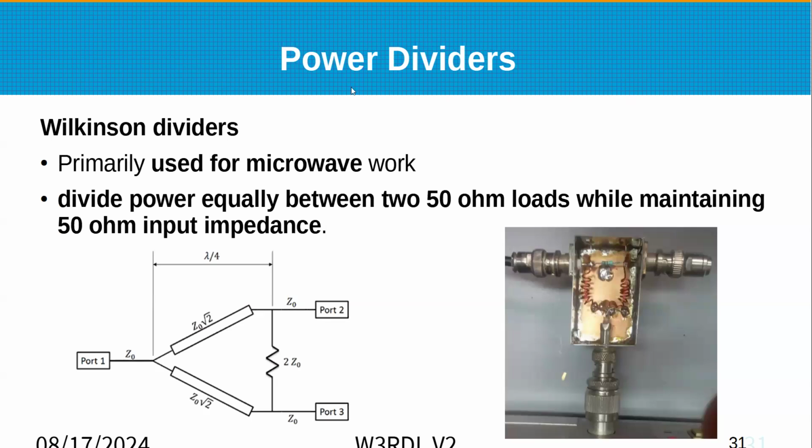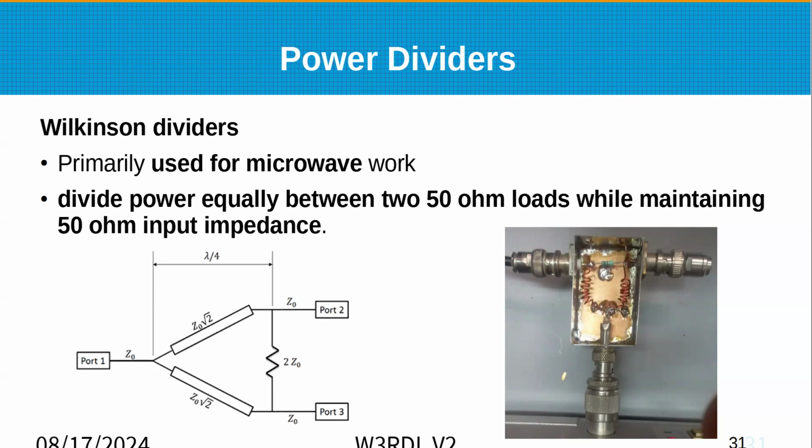And a Wilkinson divider. I'd never heard of this before it came up on the question pool either. But they apparently use them for microwave, where it's really just a 50 ohm splitter.